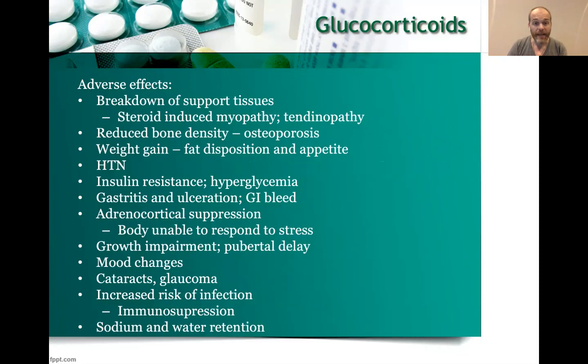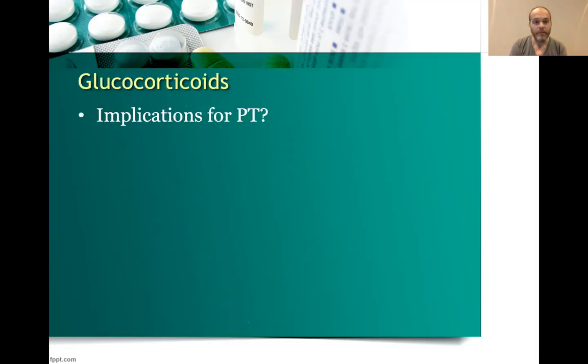If taken in kids, this can cause growth impairment and delay puberty, if they're taking these for, say, inflammation during their cancer treatment, and they're taking them for a long time. Long-term use can cause mood changes, cataracts, glaucoma, immunosuppression. Lots of stuff. So not good for a long time.